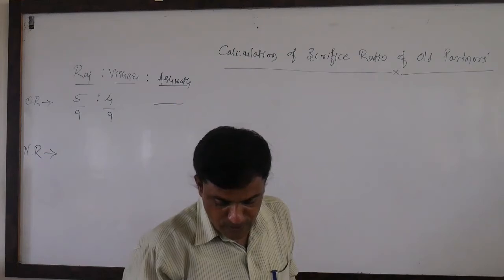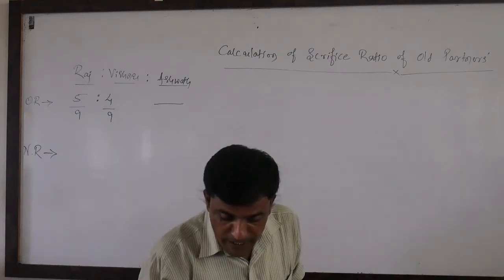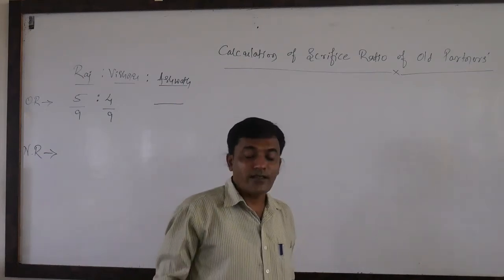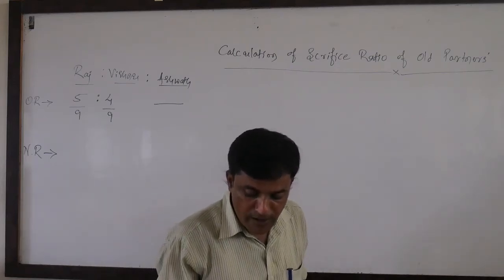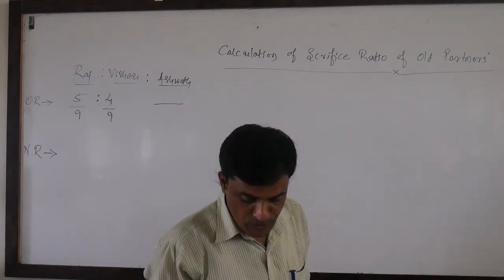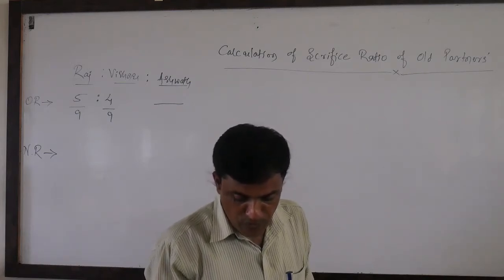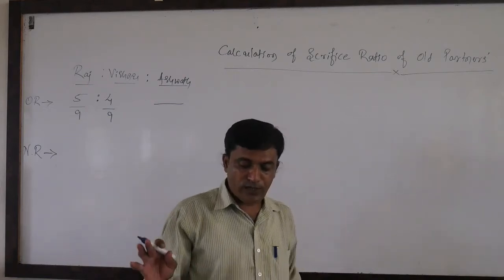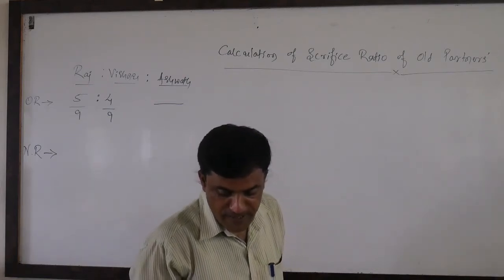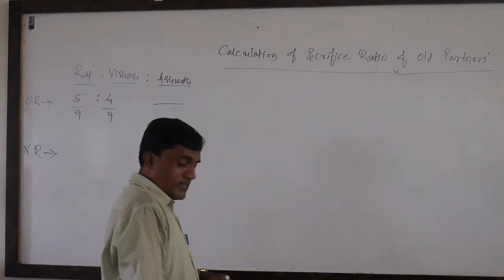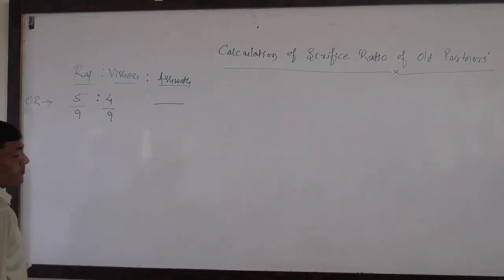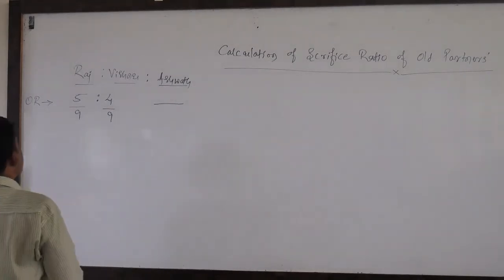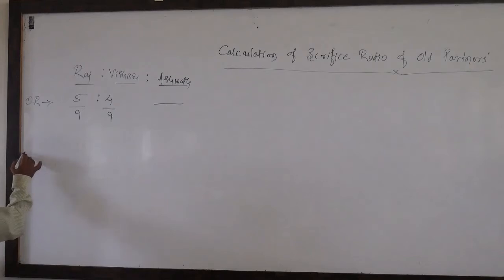Raj agrees to surrender 1/3 of his share and Vishnu agrees to surrender 1/4 of his share to Ashwath. So calculate the sacrifice ratio. In this problem, they did not give the new ratio for all the partners, but the surrendered portion they have mentioned.